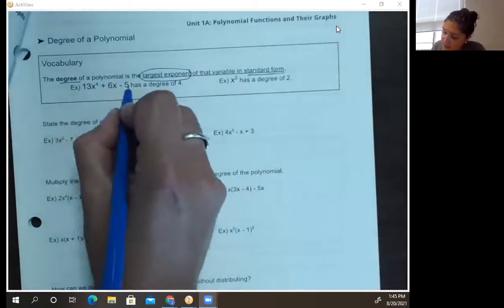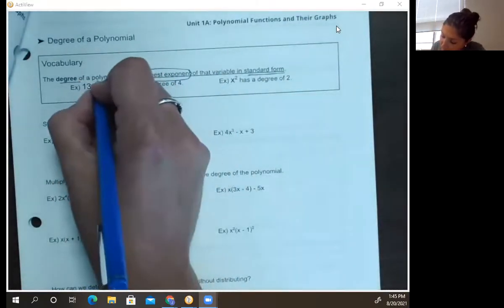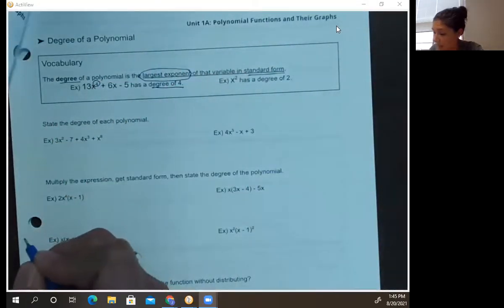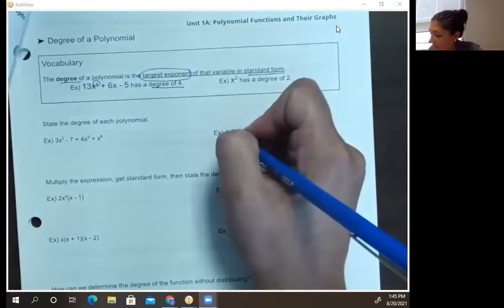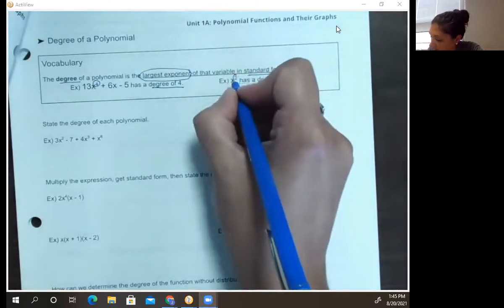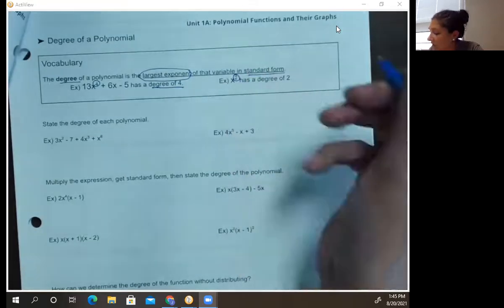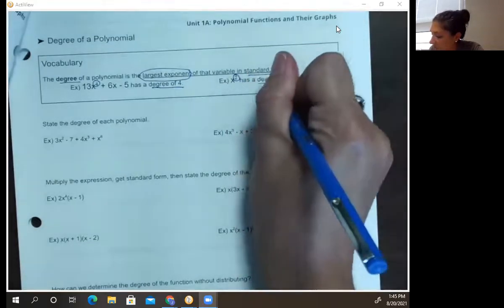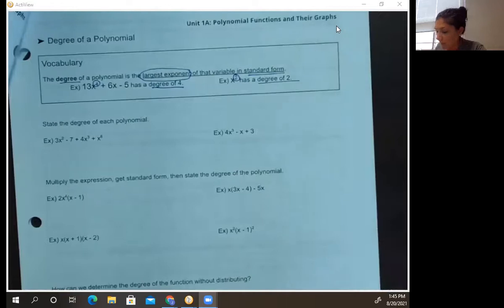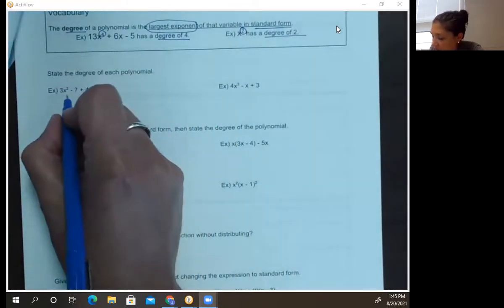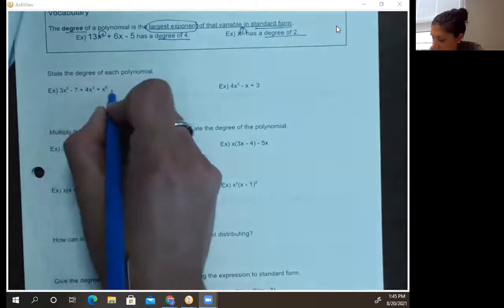So we've got a standard form polynomial here. The biggest exponent is 4. So the degree of this polynomial is 4. For x squared, I have an exponent of 2, and that's actually my only exponent here, but my exponent is 2. So that means I have a degree of 2. So if we take a look at a few more examples here, I do not have standard form for this next example.